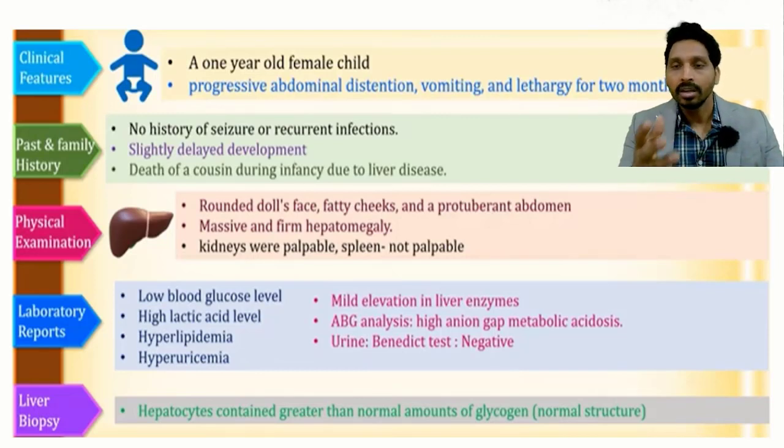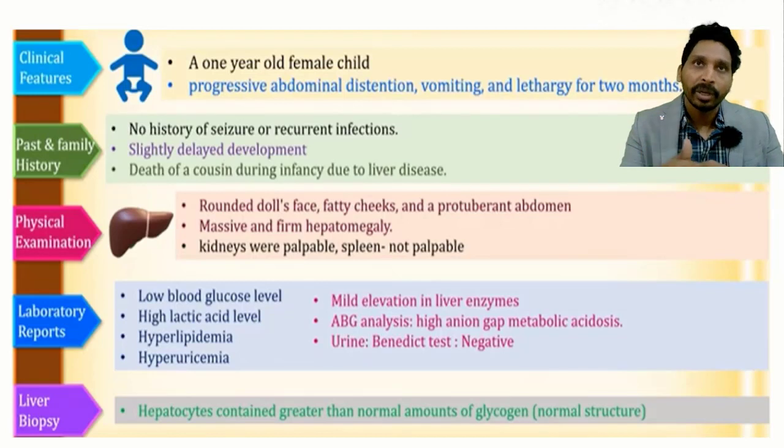We have already learned about glycogen storage disorders in our theoretical videos, which have already been uploaded in our app. If you recall, depending on the textbook, some textbooks mention 7, some mention 9 glycogen storage disorders. Out of these, 7 are very important.